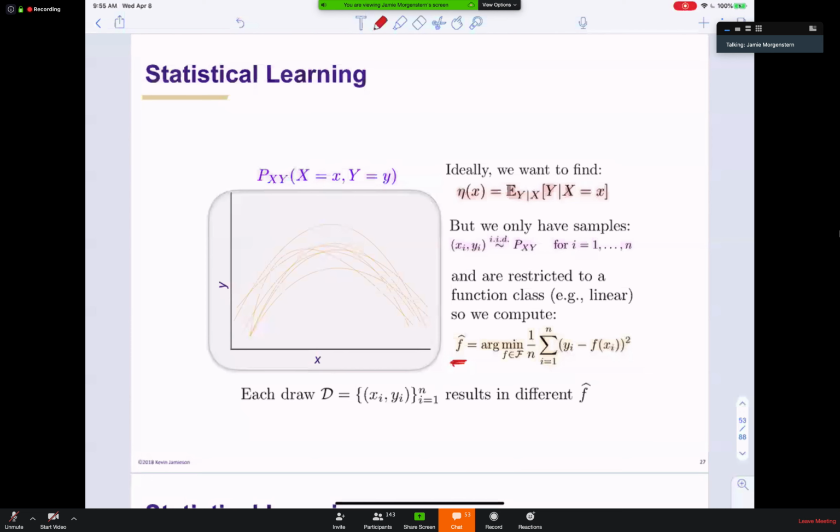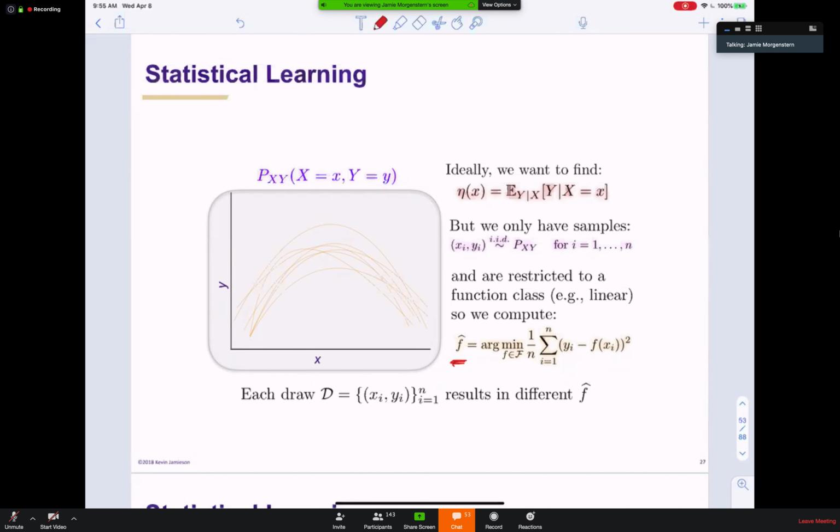And then if we gathered 100 new samples in the same way as the initial 100 samples and picked a model that minimizes least squared error on that new data set, doing so would result in a bunch of different curves.